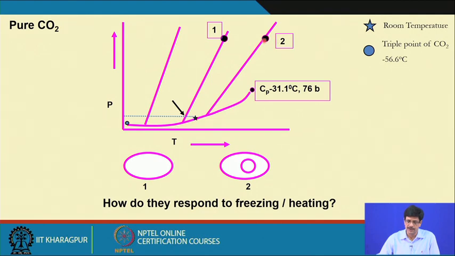So, this fluid which was trapped at 2 is likely to be present in the form of liquid plus vapor, both carbon dioxide only, carbon dioxide liquid and vapor.